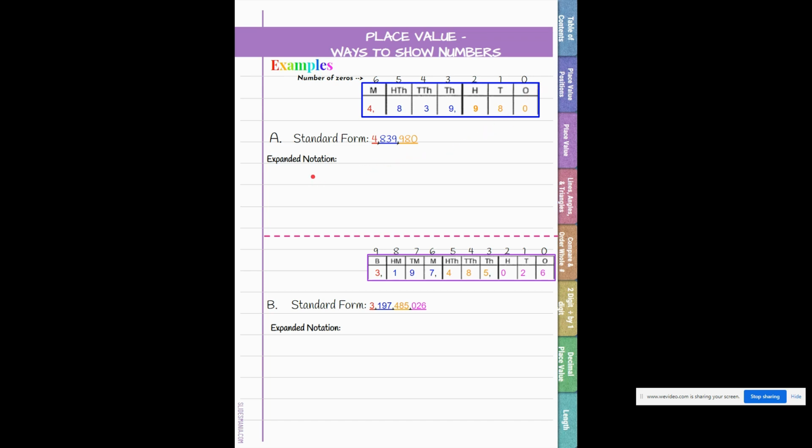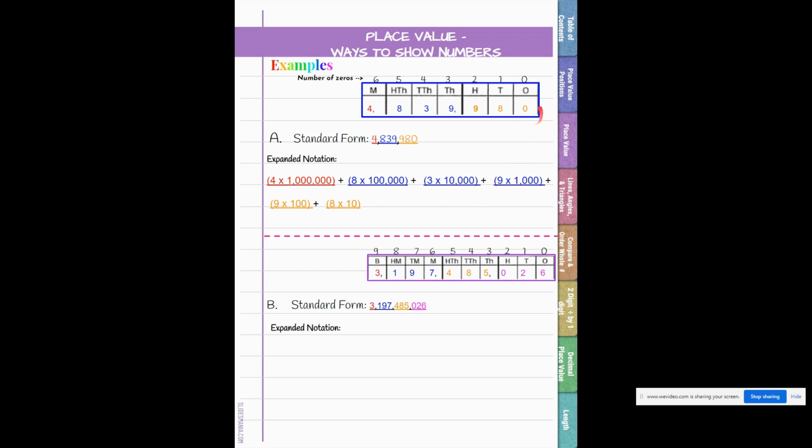So the first one we would begin would be 4 times a million plus 8 times 100,000 plus 3 times 10,000 plus 9 times 1,000 plus 9 times 100 plus 8 times 10.